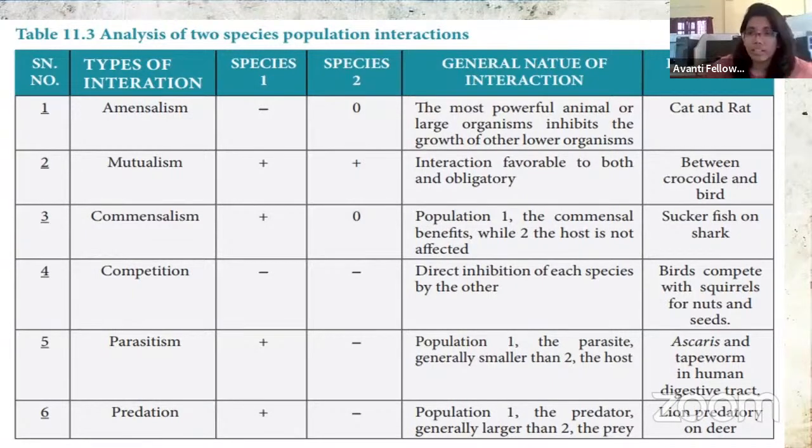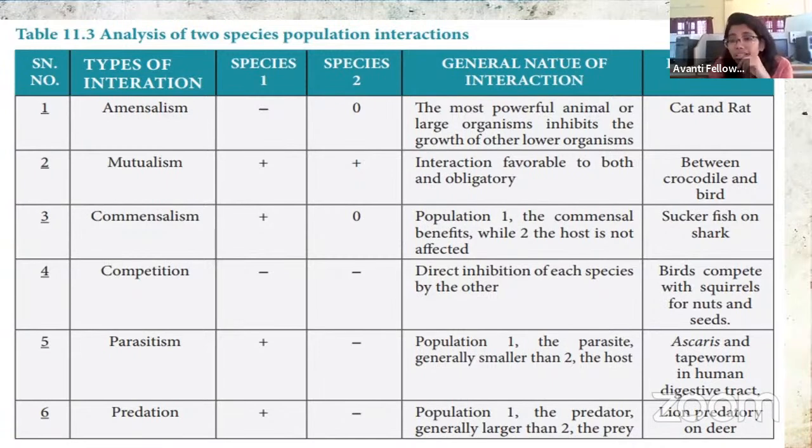There, two different organisms are involved, tiger and deer. The tiger is predating on the deer, using it as food, which means the tiger is getting a benefit. The tiger is getting food, whereas the deer is losing its life. So one species is getting a benefit and one species is harmed. This is called predation.